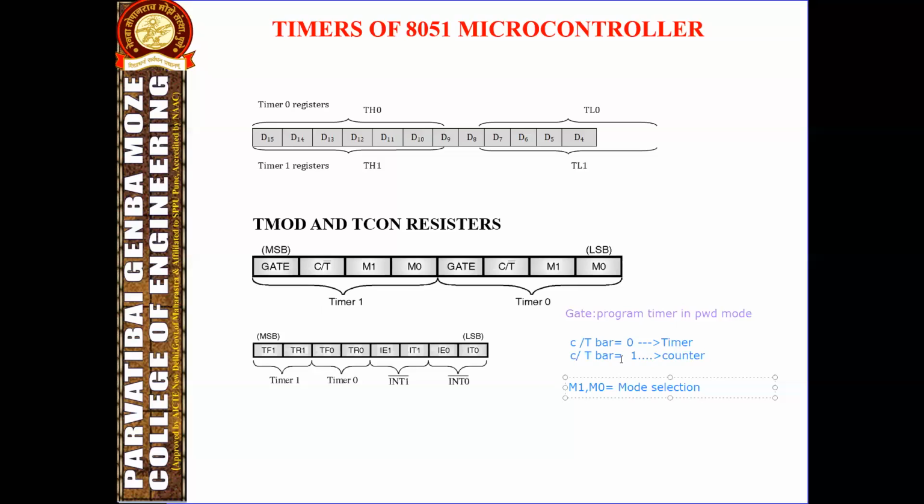If this bit is set to 1, it will act as a counter. The other two bits, M0 and M1, are used for mode selection, that is, in which particular mode the timer should operate. So these are the bit configurations used for controlling the operation of the timer in the TMOD register.